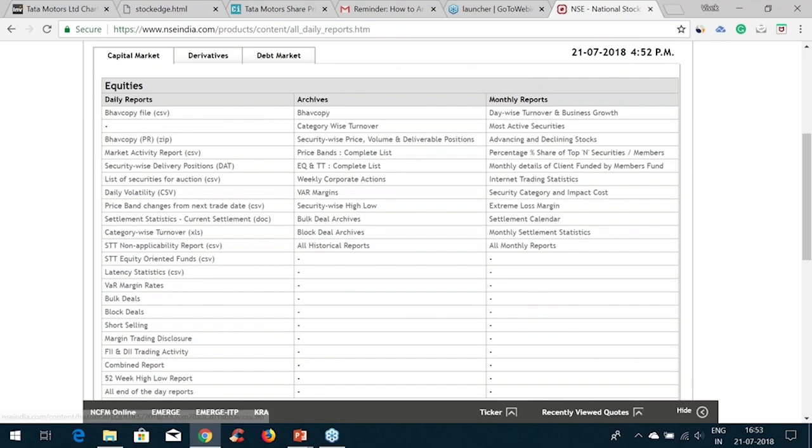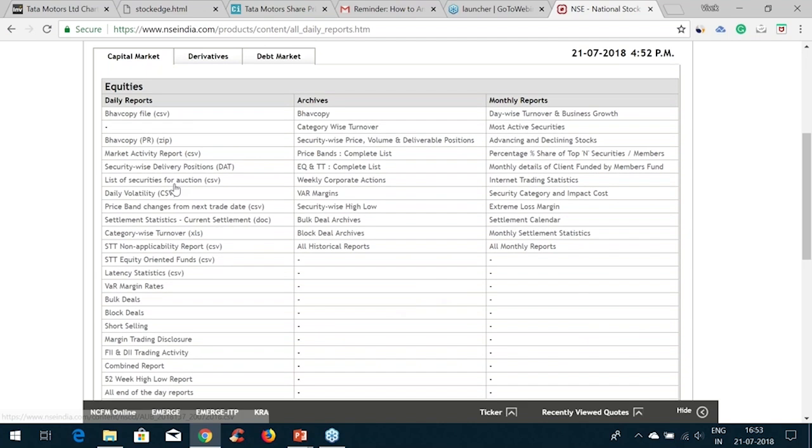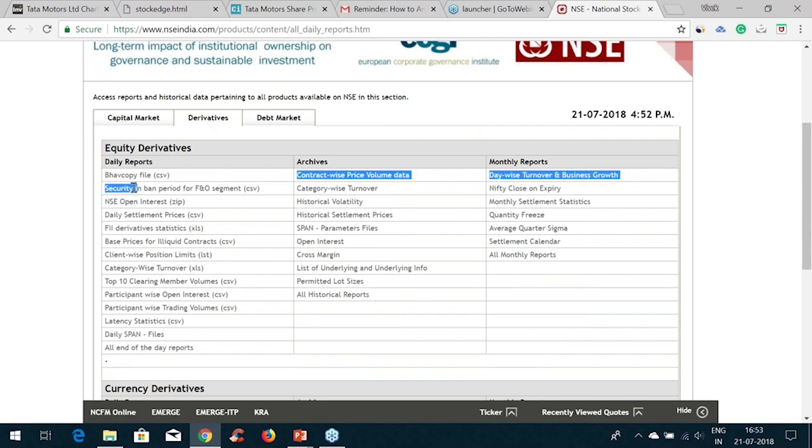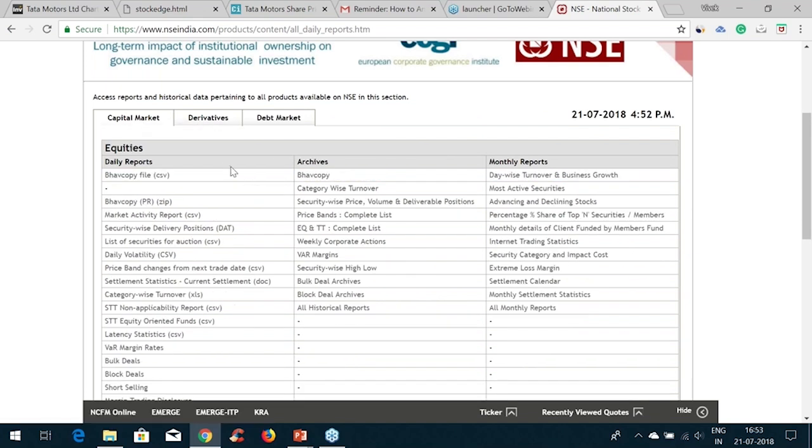Some data is daily reports, some are archives, which means you can see historical data, and some are monthly reports. When I'm talking about Bhav copy, I'm essentially talking about the Bhav copy of the cash market segment and the Bhav copy of the derivative segment. Obviously, in derivatives, a lot of contracts are traded in the market.